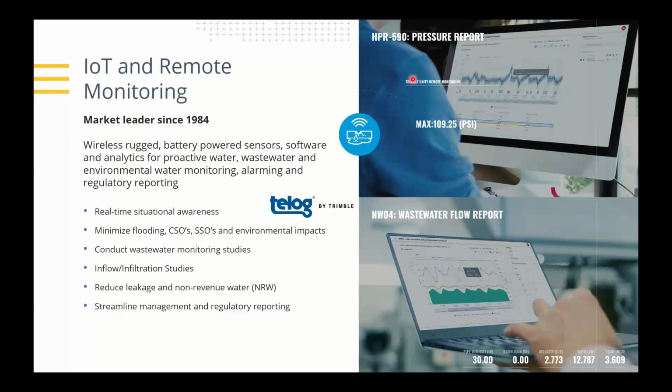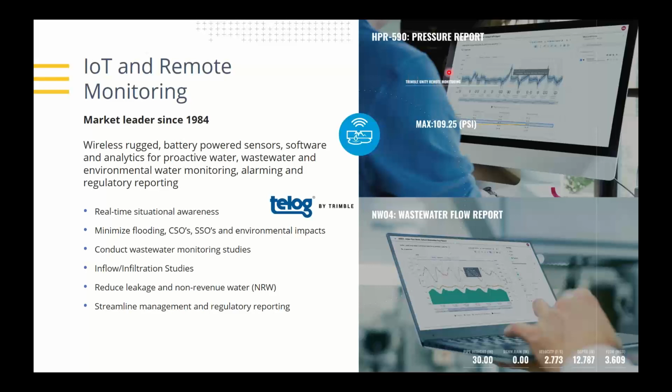Let's talk a little bit about the history of Trimble and how they got involved in the water and wastewater systems. About 5.5 years ago, Trimble Water acquired a company called Telog. Telog has been around since about 1984. They pioneered the whole industry of IoT devices and remote monitoring before it was called IoT and remote monitoring.